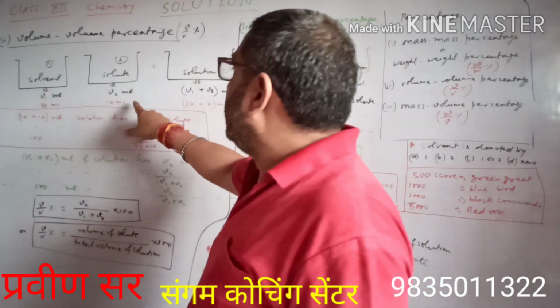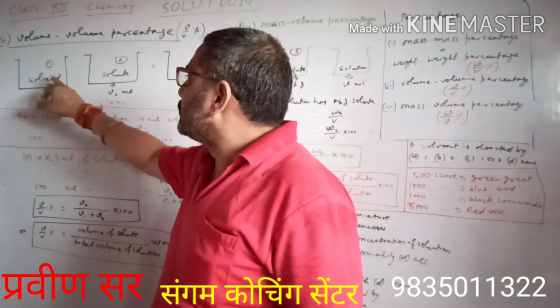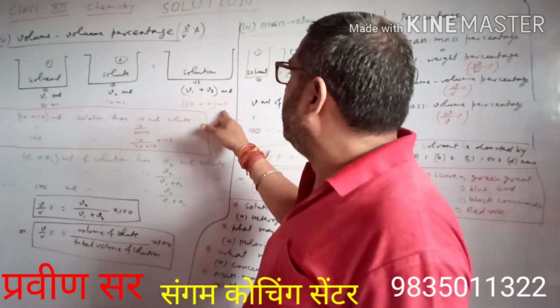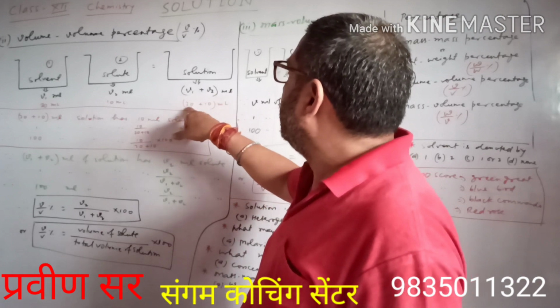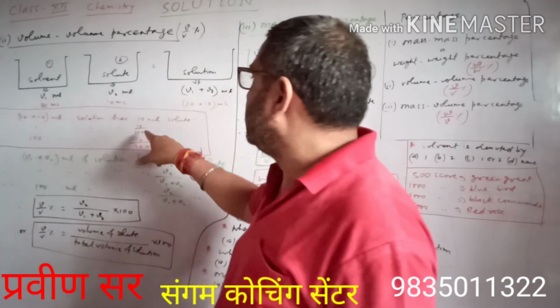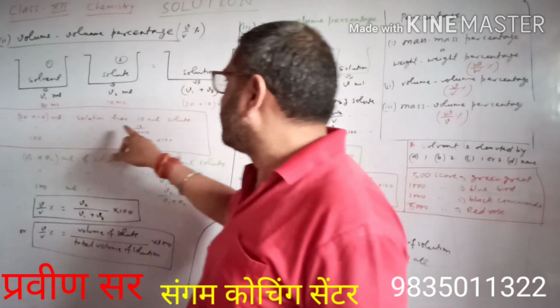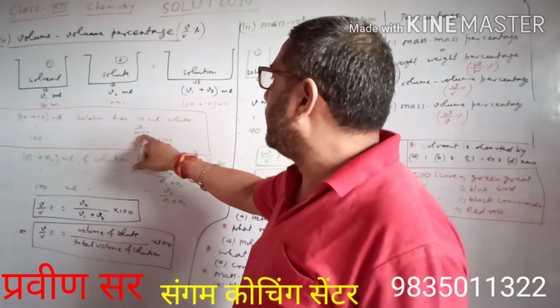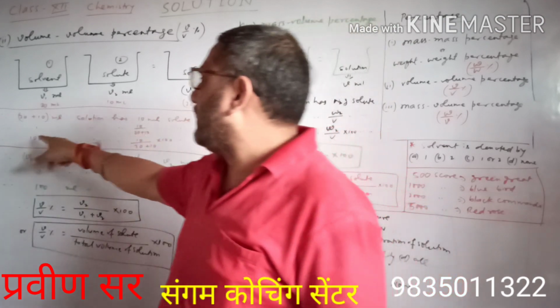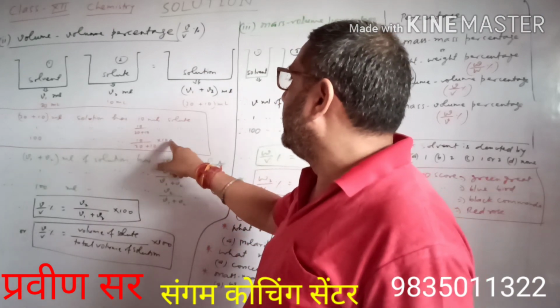If we take 10 ml of solute and 20 ml of solvent, what will be the solution? The solution will be 20 plus 10 ml, that means 20 plus 10 ml has 10 ml of solute. So 1 ml of solution has 10 by 20 plus 10, and 100 ml is 10 by 20 plus 10 into 100.